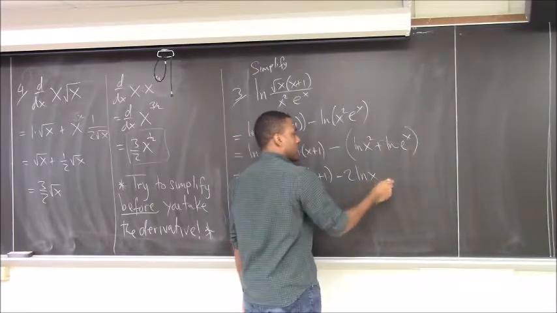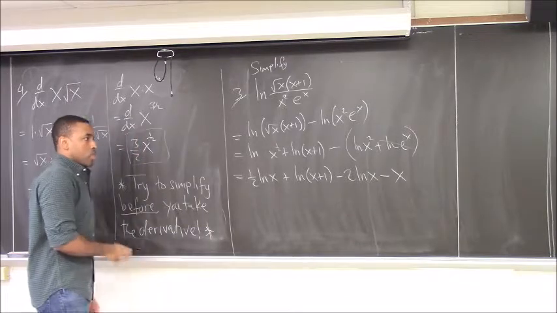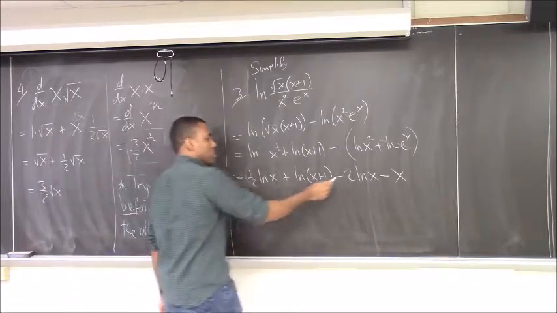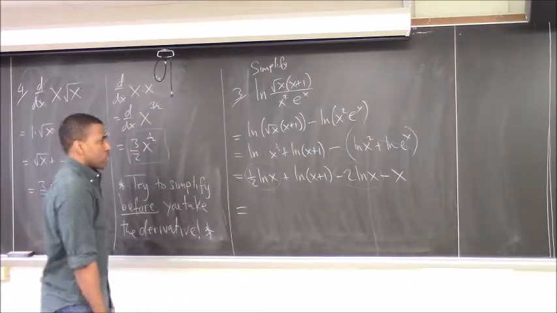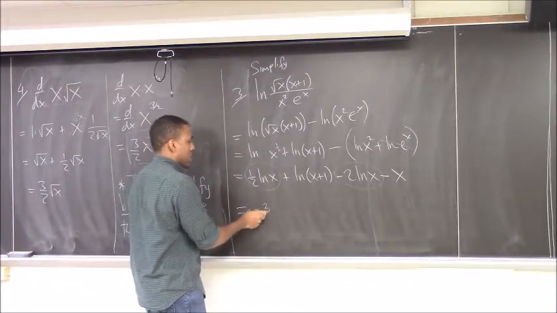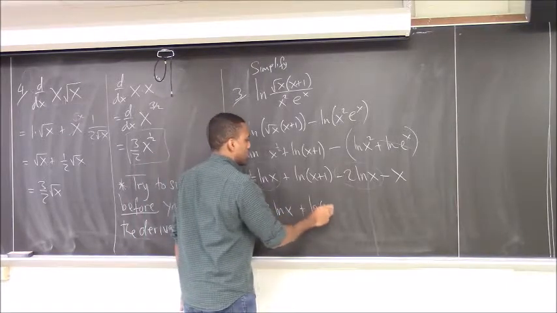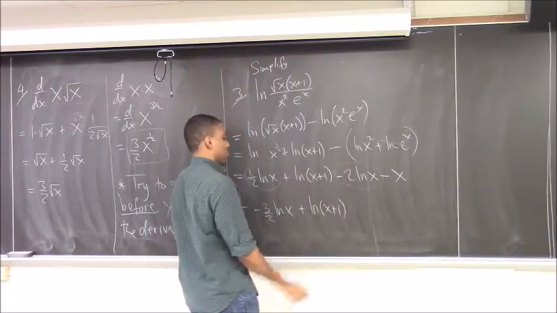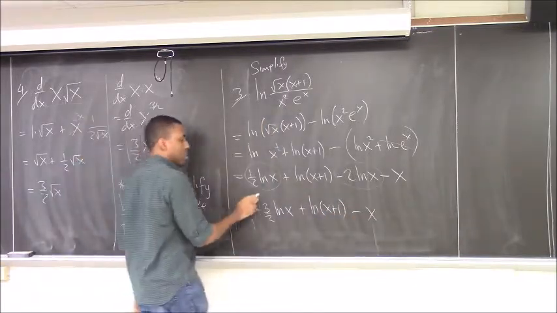And then ln of e to the x is just x. You could go one step further and combine these two. And so we have minus 2 plus a half. It's minus 3 halves. So that would have been the answer to 3.